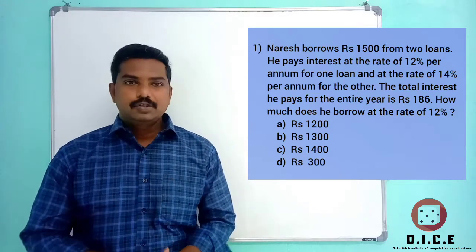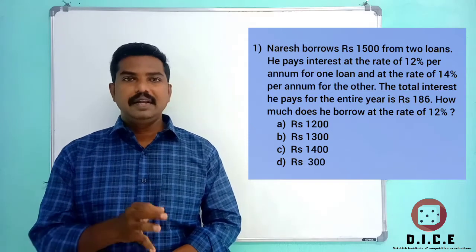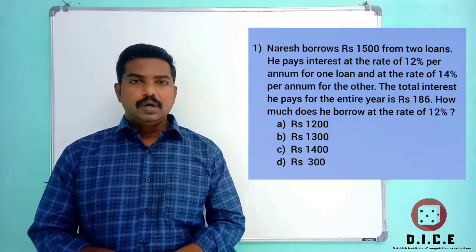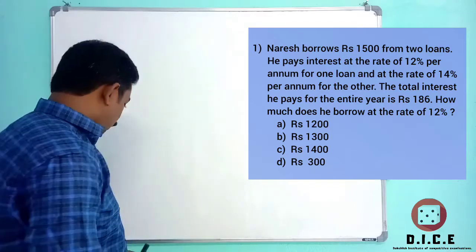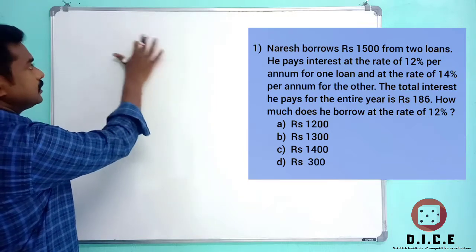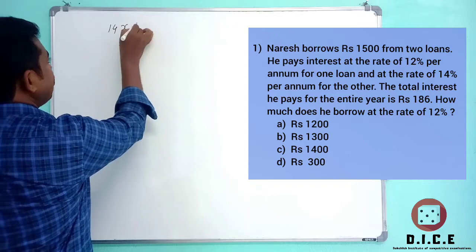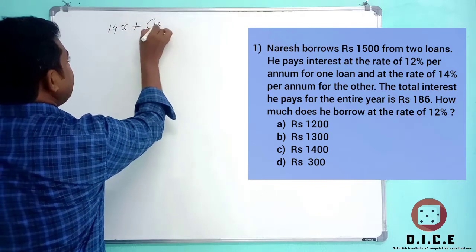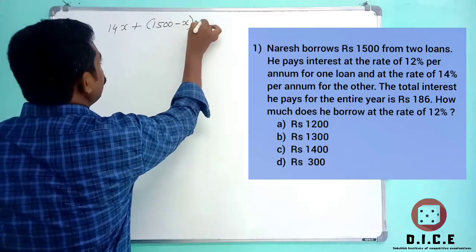Now let us see this question. So he's asking, out of 1500 rupees, how much money did he borrow? We have to find that. Now let us see this in a detailed way. Let us think that he borrowed x at 14%. That is 14 of x plus (1500 minus x) into 12.